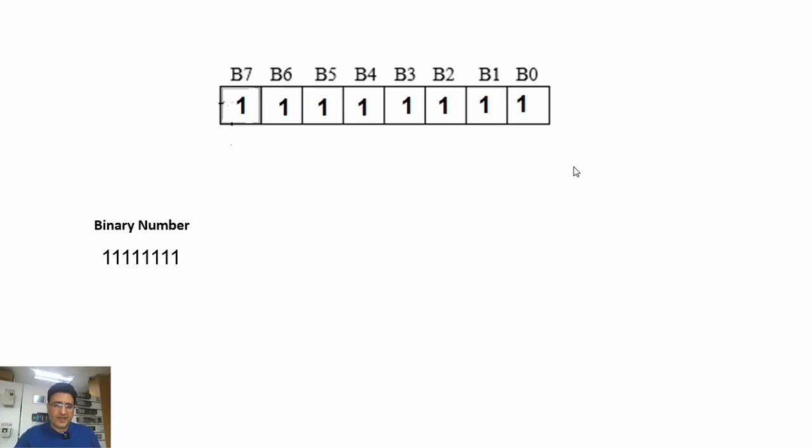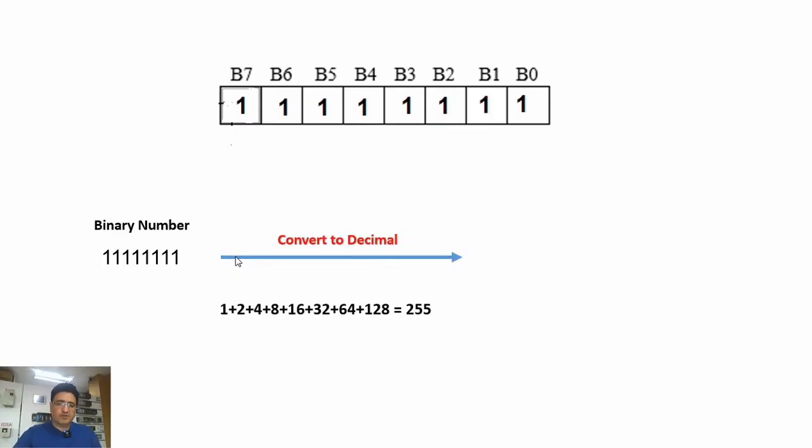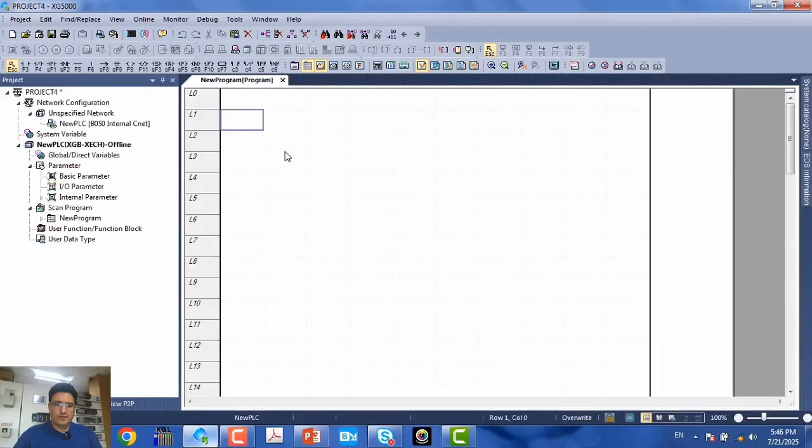Later, we need to convert this to decimal. If we want to convert this binary number to decimal, the way to do it is like this. And in the end, the value we get is 255 in decimal. Alright, let's go to the XG5000 software and write this program together.